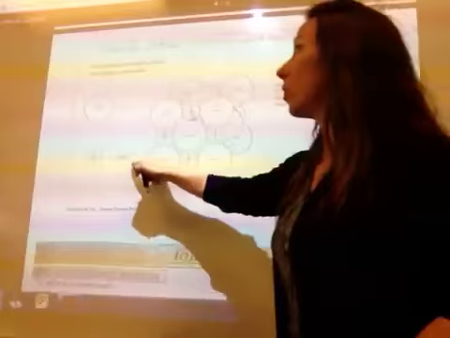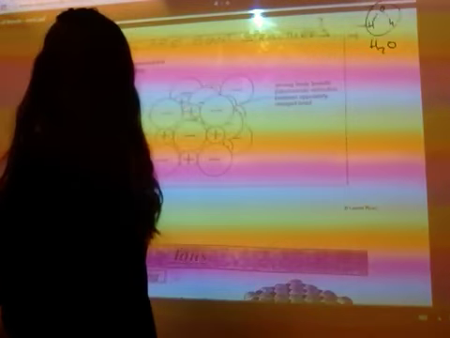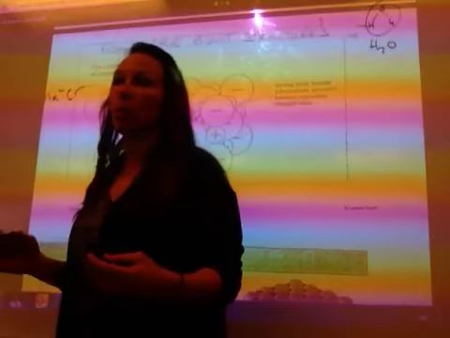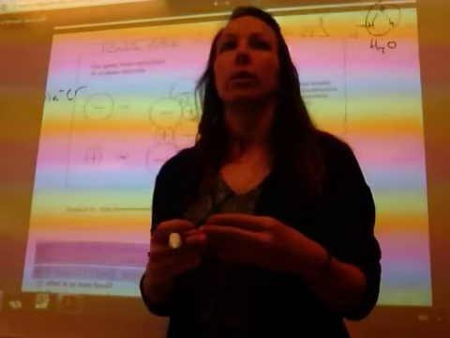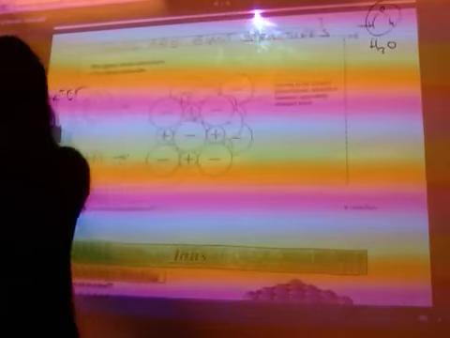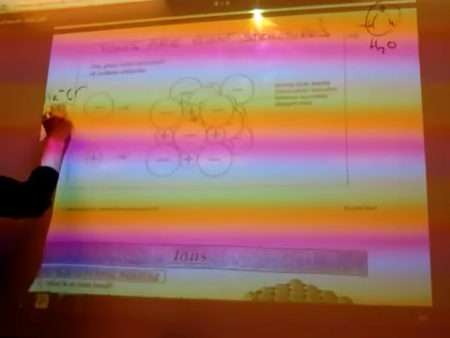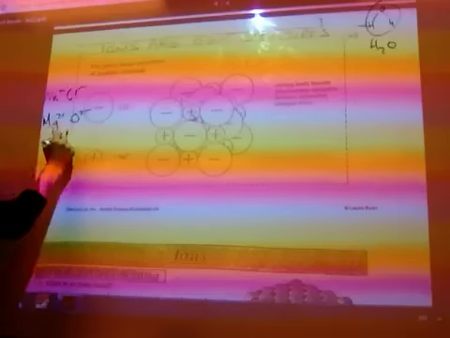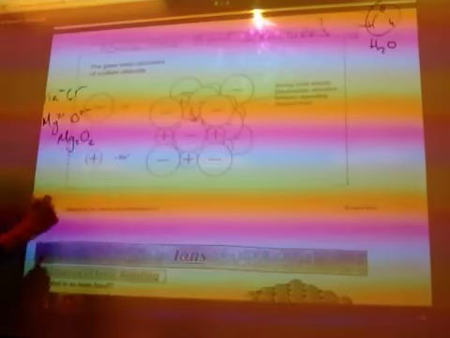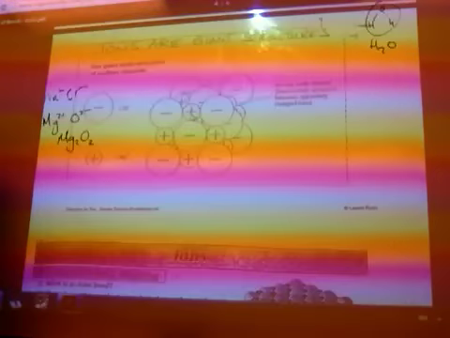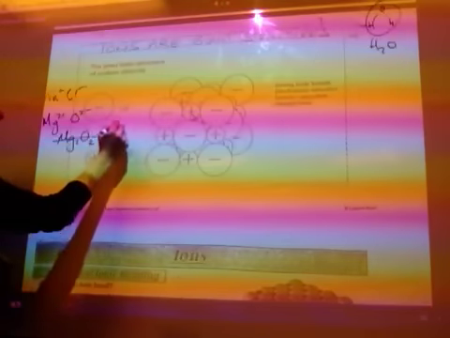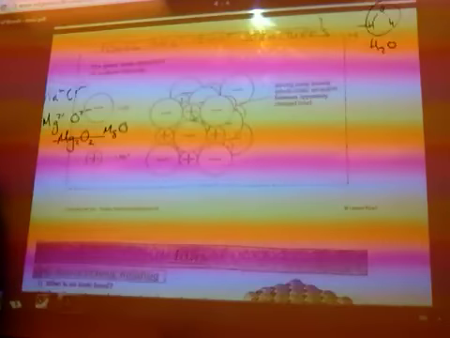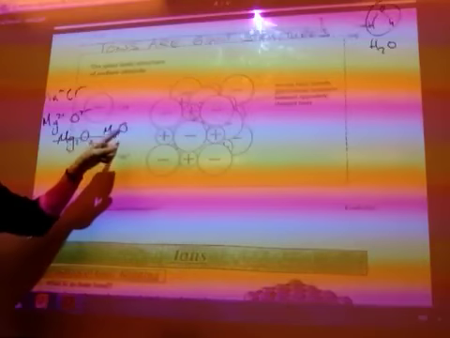But when I say sodium chloride, Na+ and Cl-, I actually mean a 1-to-1 ratio. And that's why we don't go Mg2+ and O2-. Do we write Mg2O2? No. We write MgO. Okay? And what this means is there's a 1-to-1 ratio.